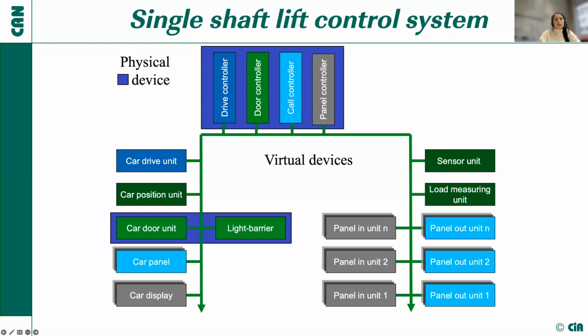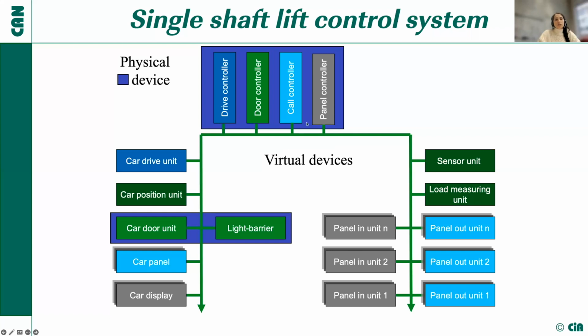A CANopen device may implement one or several virtual devices. As you can see here in this physical device, you have some devices that you can also have virtual devices or functional units describing or defining the functionality of the devices.